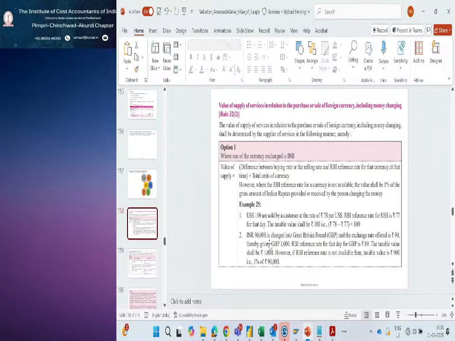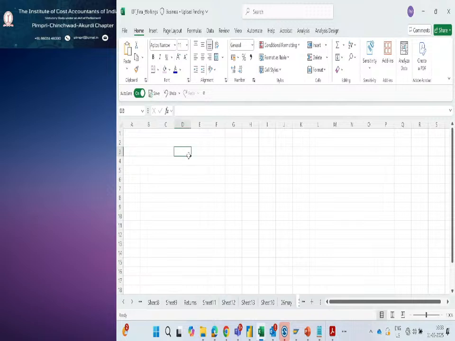So what is the problem here? The GBP is 1000 and the exchange rate offered is 90. You can see the GBP here is 1000 and the actual rate is 90, and the RBI exchange rate is also given in the problem. So less RBI exchange rate.